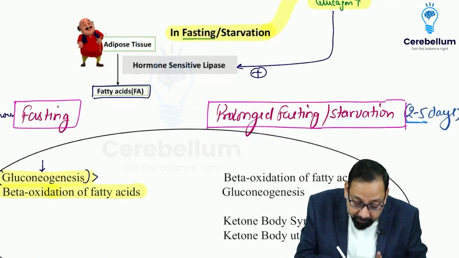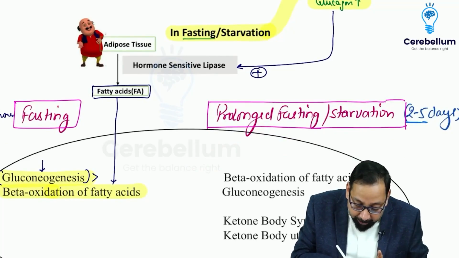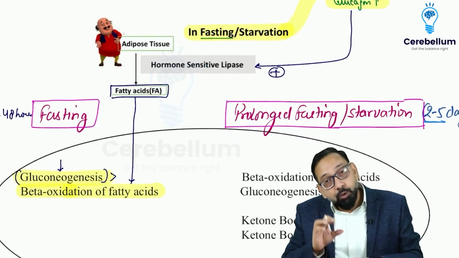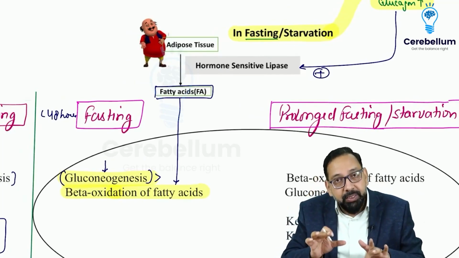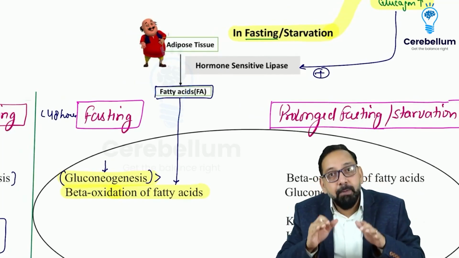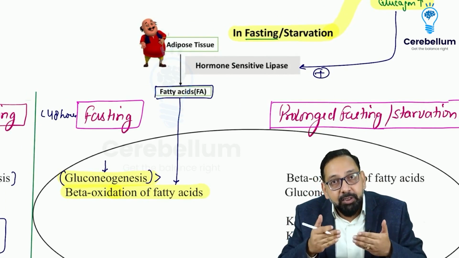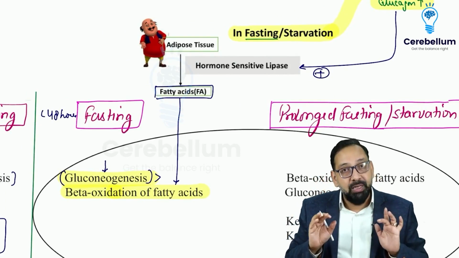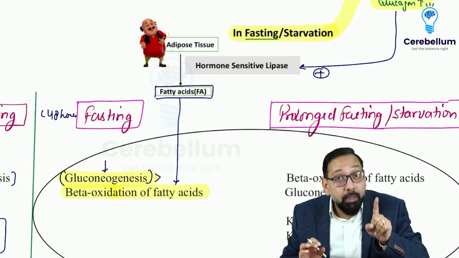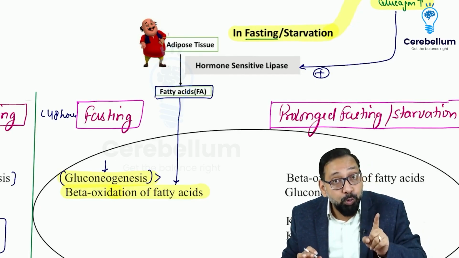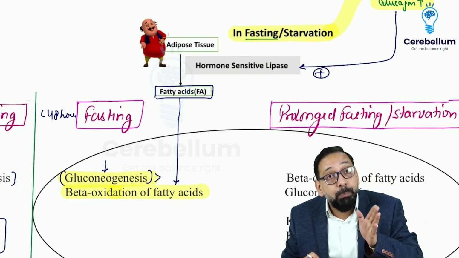This fatty acid will enter the mitochondria and beta oxidation starts. So in the fasting state, beta oxidation starts and produces energy. That energy is used by gluconeogenesis, but our main concern is to produce glucose by gluconeogenesis up to 48 hours.